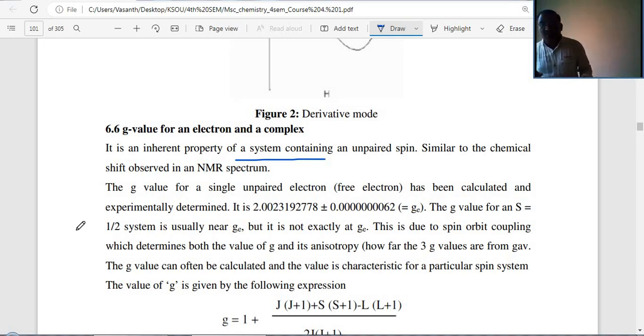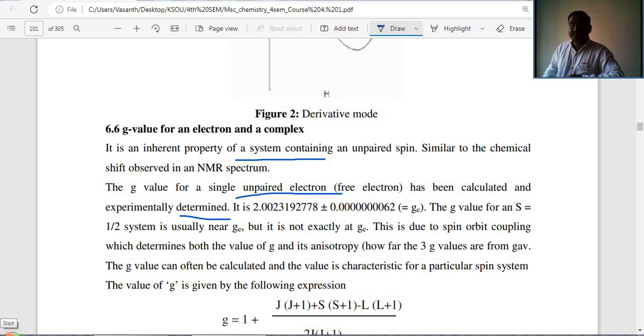The g value for a single unpaired electron has been calculated and experimentally determined. The g value for an S equal to half system is usually near 2, but it is not exactly 2.